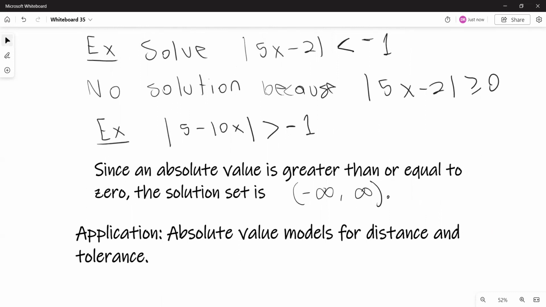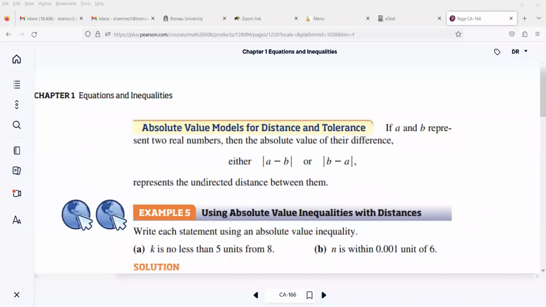I'm going to read this part on page 166. So this is the situation. If A and B represent two real numbers, then the absolute value of the difference, either the absolute value of A minus B or the absolute value of B minus A, represents the undirected distance between them.